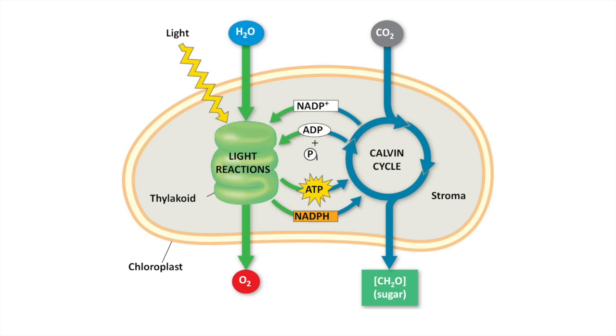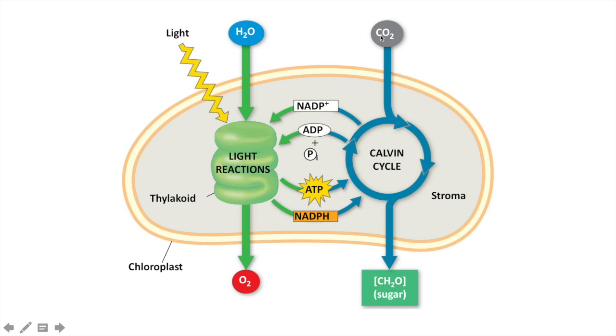The Calvin cycle occurs out in the stroma, away from the thylakoids, using the products of the light reaction. And the main products of the light reaction are ATP and this molecule called NADPH, which should sound kind of familiar because we saw something just like it in cellular respiration, only without that P there.